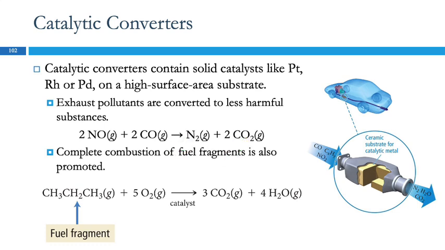And you may say, well, carbon dioxide, we don't want that. Well, no, we don't want too much carbon dioxide, but we do need carbon dioxide in the atmosphere. And carbon dioxide is much less harmful than carbon monoxide.